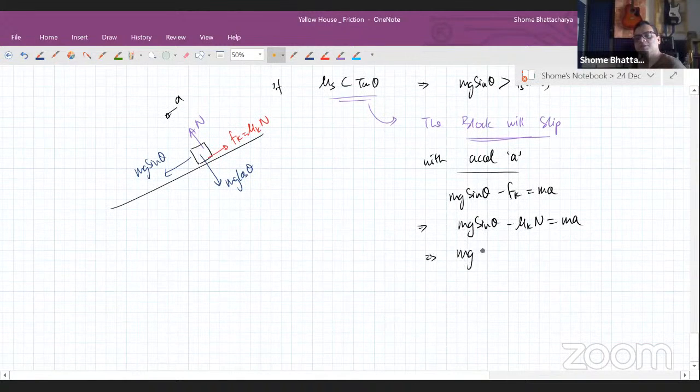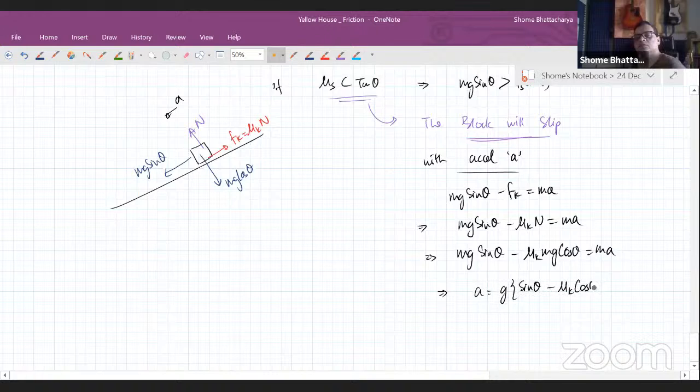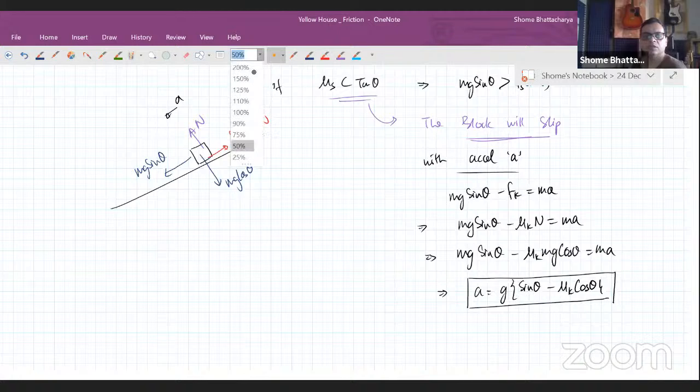So that means mg sine theta minus coefficient of kinetic friction into mg cos theta will be equal to ma. So the acceleration will be given by this formula: g into sine theta minus coefficient of kinetic friction into cos theta.